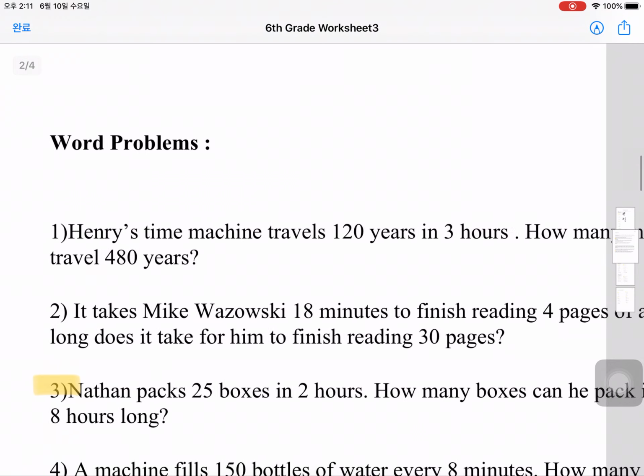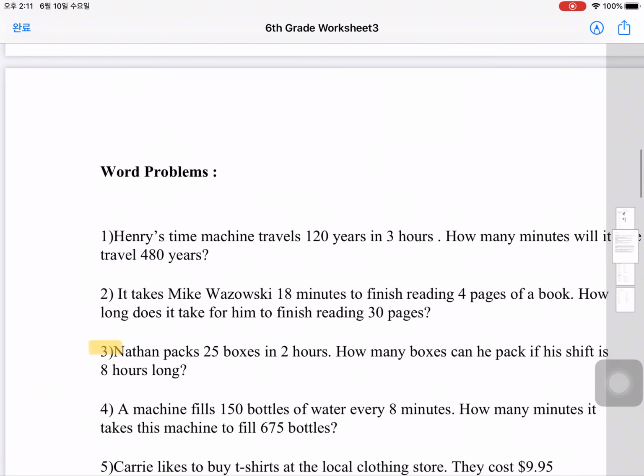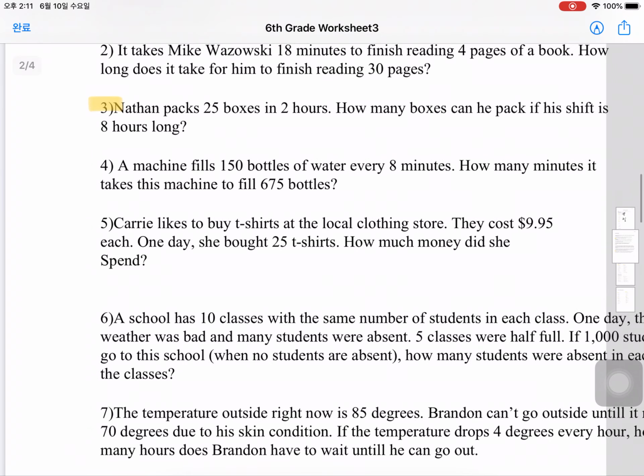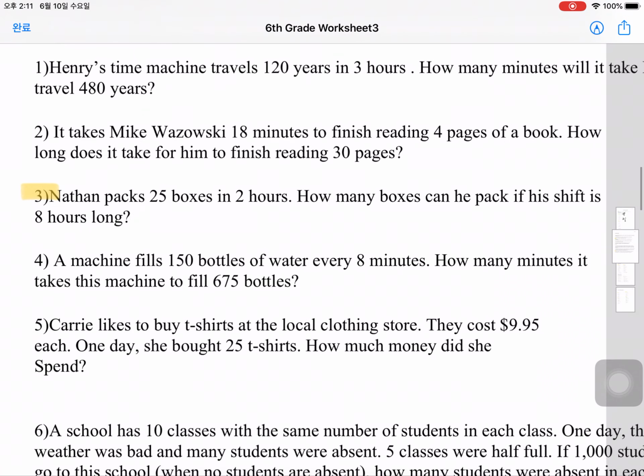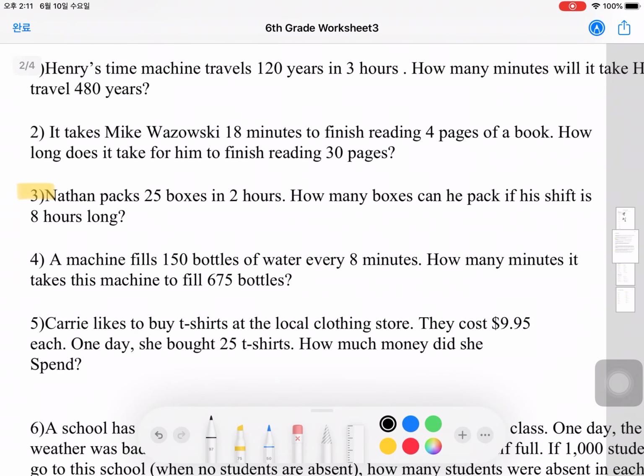Okay, we'll go on to the next section, which is word problems. I'm going to do number 3 and number 8 with you guys, and you can try the rest. Nathan packs 25 boxes in 2 hours. How many boxes can he pack if his shift is 8 hours long? So some keywords here are 25 boxes in 2 hours, and his shift is 8 hours long. So since he packs that many in 2 hours, if it's 8 hours, how many boxes does he pack is what it's asking.